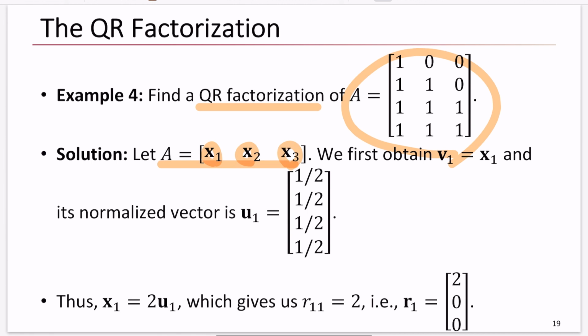Then, first of all, to find Q, let's find Q first, and then consider R during the process. Because the columns are linearly independent of each other, we can easily do that.